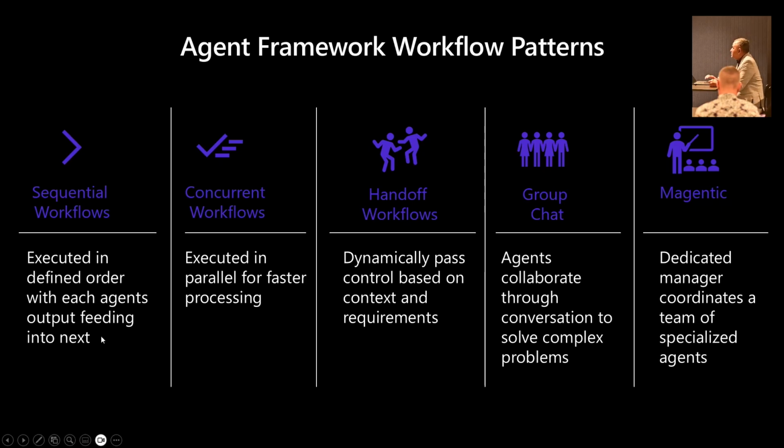But there are other Agentic AI patterns which are supported as part of the agent framework. We can do the concurrent workflows. We can do handoffs where dynamically we are passing control between the agents. There is the group chat as well, which allows more of a conversation between agents to solve a complex problem. And there is the Agentic workflow, which allows a dedicated manager to coordinate the different specialized agents.